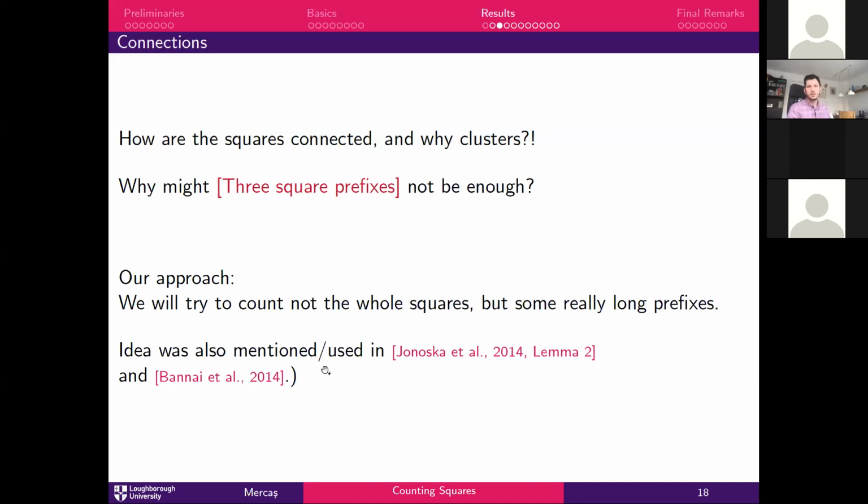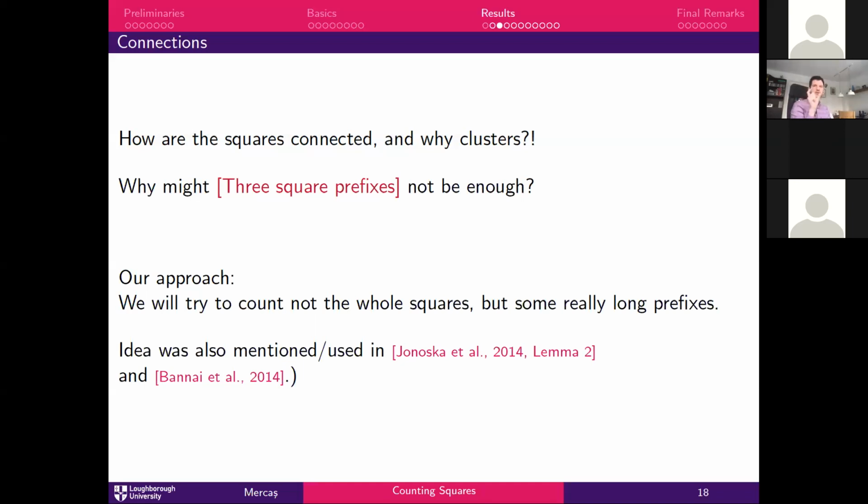And then I was talking about this result of Bannai et al. with respect to runs. What they did there is actually associate each run with the Lyndon root of it, but the Lyndon root was taken with respect to a different alphabet order. So they were looking at different alphabet orders, and by looking based on the letter following this root, so to say.